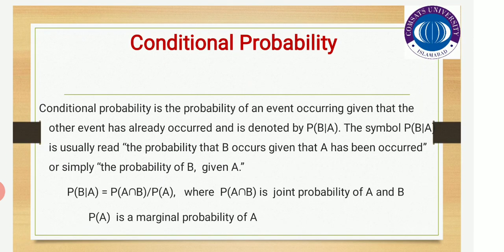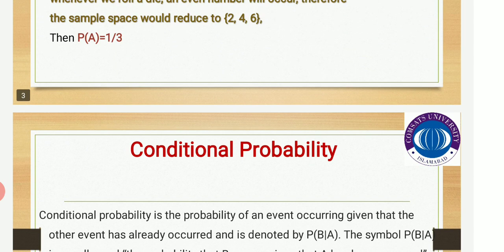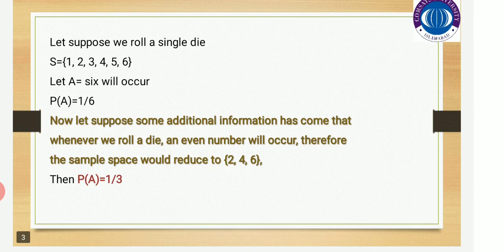So what is conditional probability? Conditional probability is the probability of an event occurring given that the other event has already occurred and is denoted by probability B given A. Now let's just go back to the previous example. What's happening here?